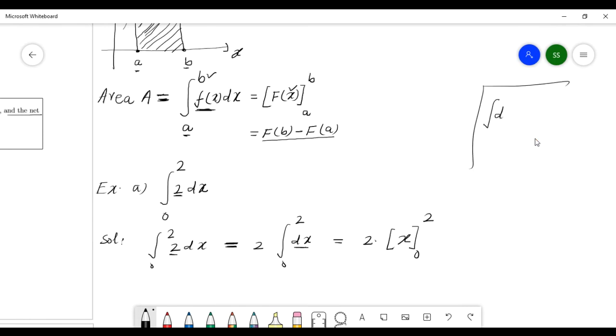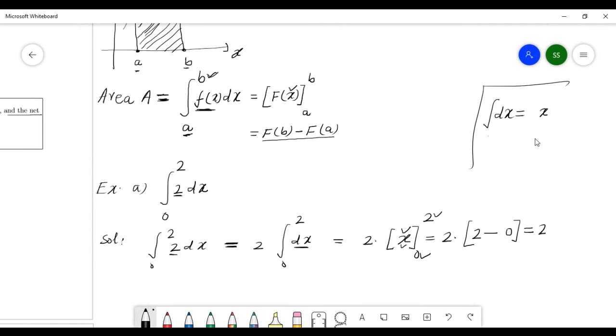The integral of dx equals x. Look here, the limits a and b are present. Now put the limit. Here the constant 2. First put the upper limit, x equals 2, so 2 here, and then the lower limit, x equals 0, so 0 here.